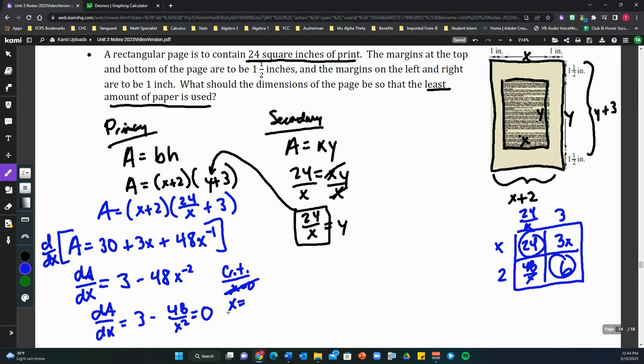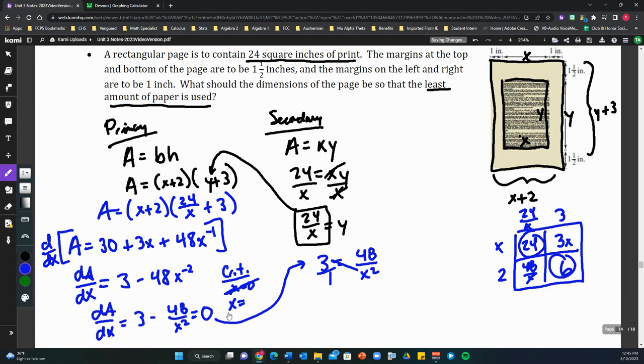So we're going to set this equal to 0. I'm going to move this term over here. So I would get 3 equals 48 over X squared. This is really 3 over 1. So now I can exchange on these diagonals and preserve the value of this equation.